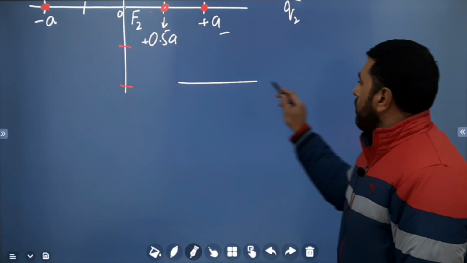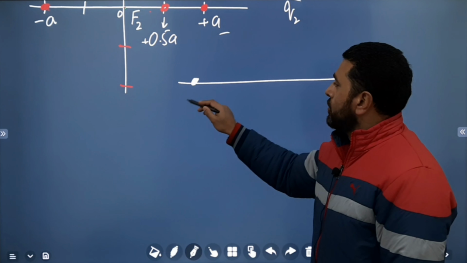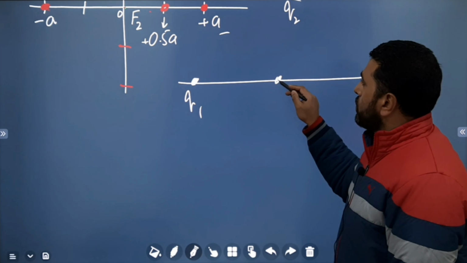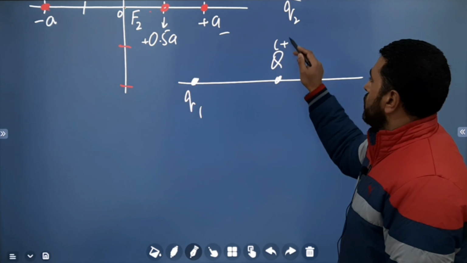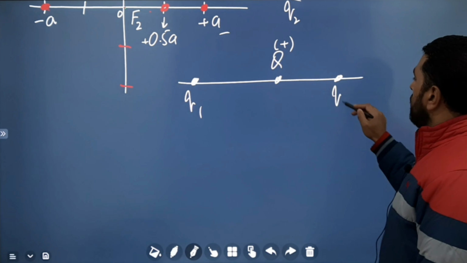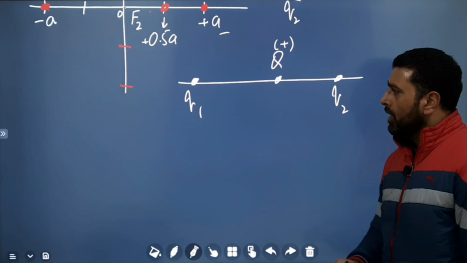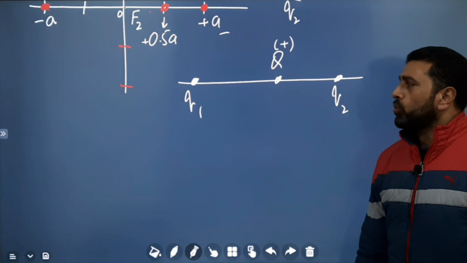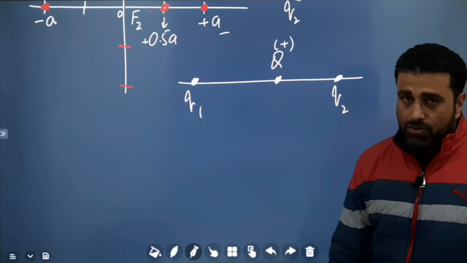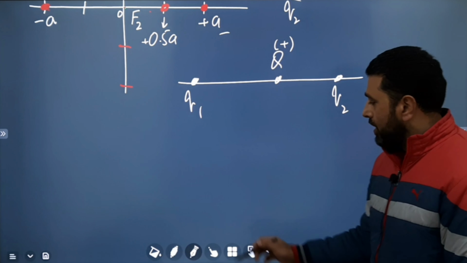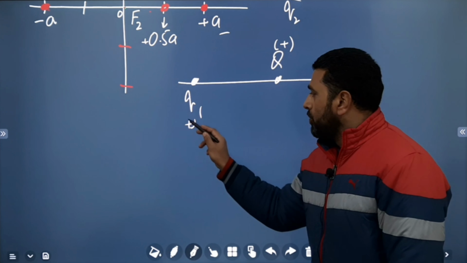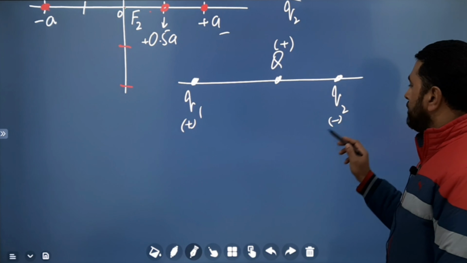So we have charge q1 here, charge capital Q here, which is positive, and charge q2 somewhere here. If q1 and q2 are unlike charges, okay, unlike charges, let's take q1 positive and q2 negative.